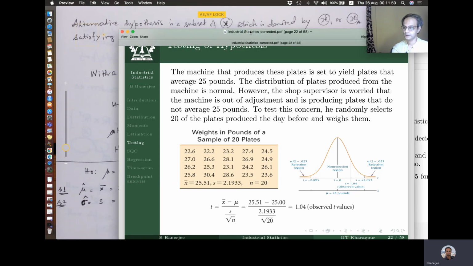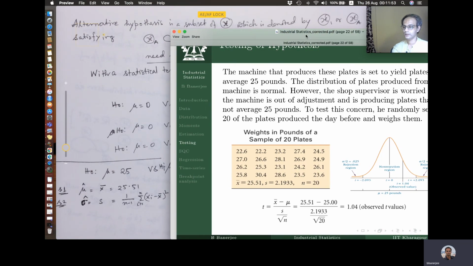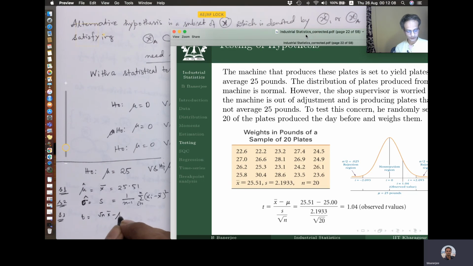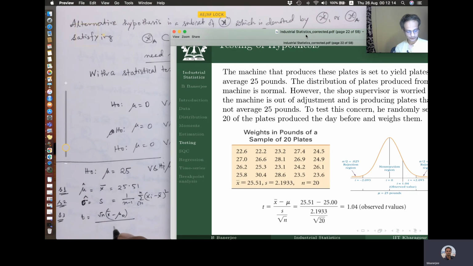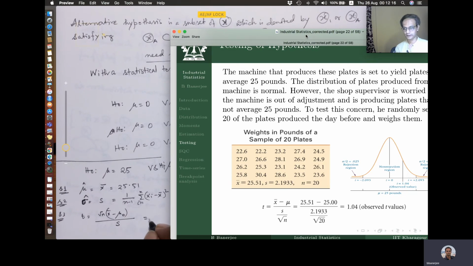So consider the test statistic. Here it will be a t statistic, and its obtained value in step 3 is t equals x bar minus mu under H naught, let us call it mu naught, divided by s over root n, and that is found to be 1.04. So this is observed.